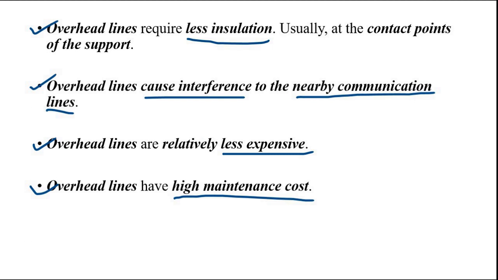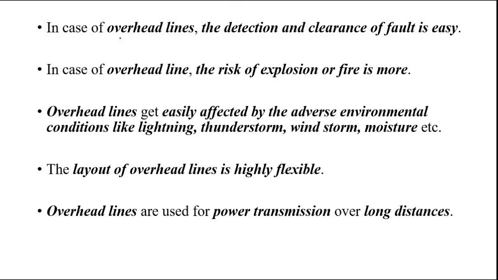Then in case of overhead lines, to detect a fault and to rectify it is easy. Finding the fault and rectifying it is easy. Then in case of overhead lines, the risk of fire hazards and explosion is more.